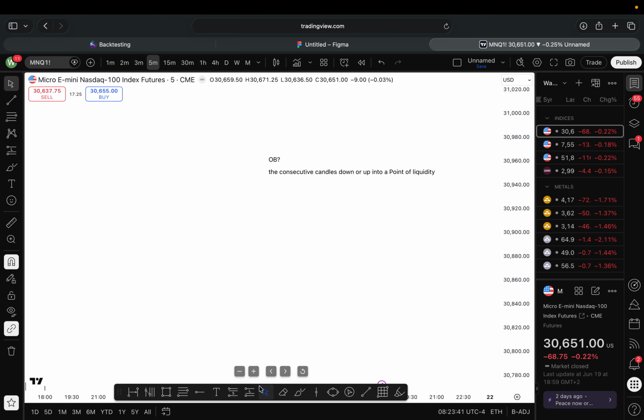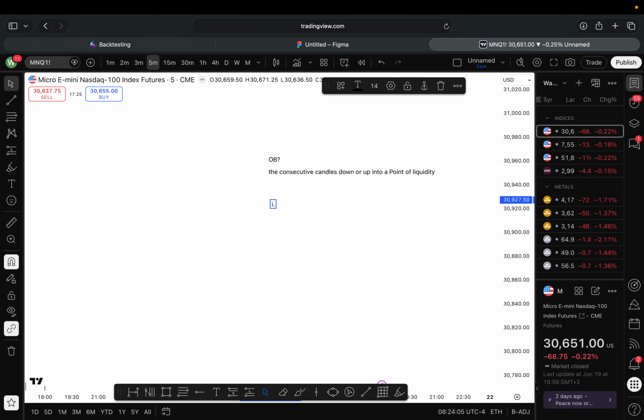And I look for certain things in this definition, which helps me determine the probability of the order block. So there are three or four things that I look for in my order block selection, and let's get started with that.